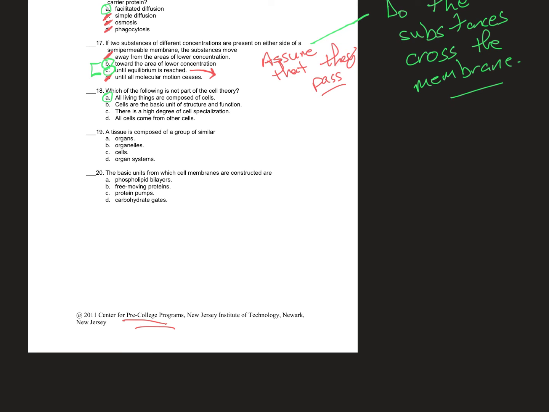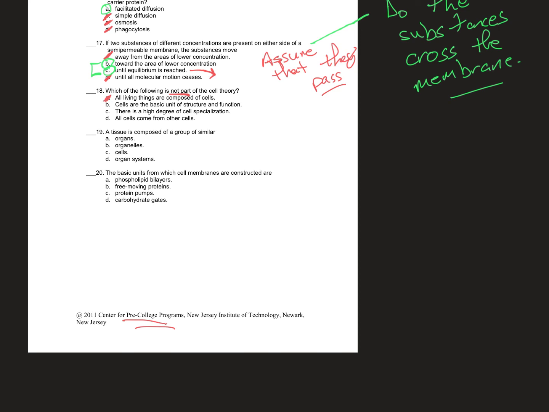Remember, we're looking for what is not part of the cell theory. So even though that's true, it's not the answer. So that's not it. Cells are the basic unit of structure and function.